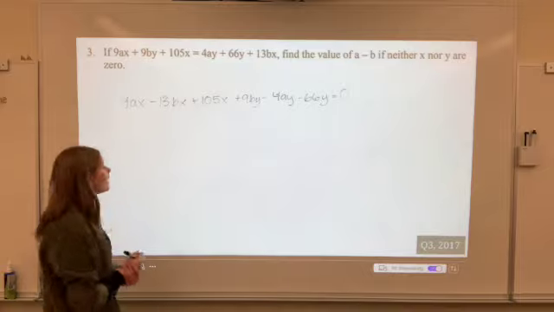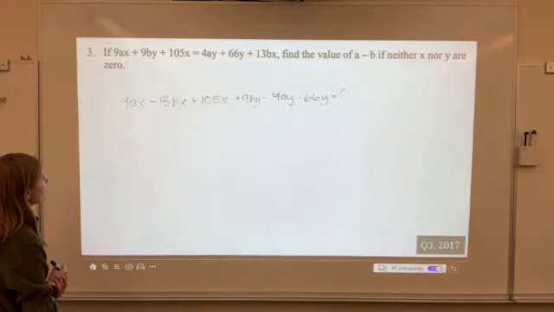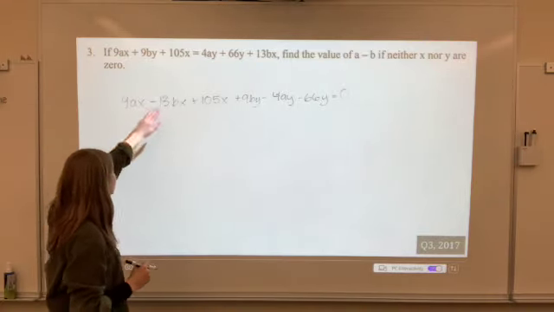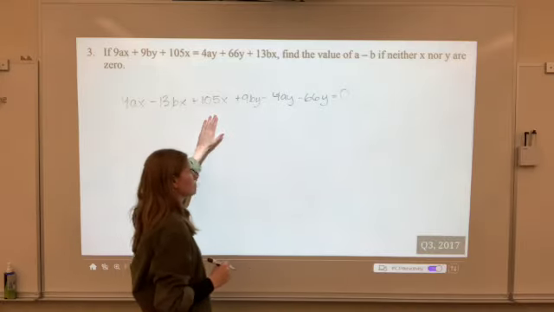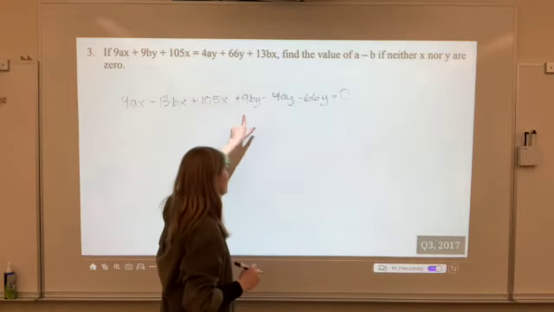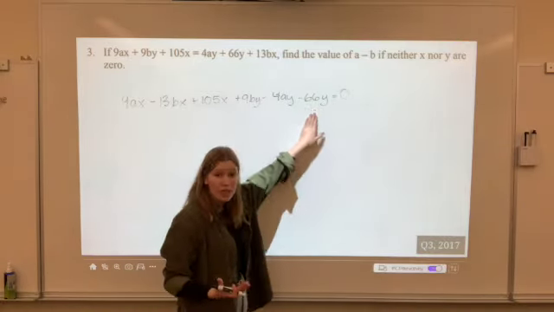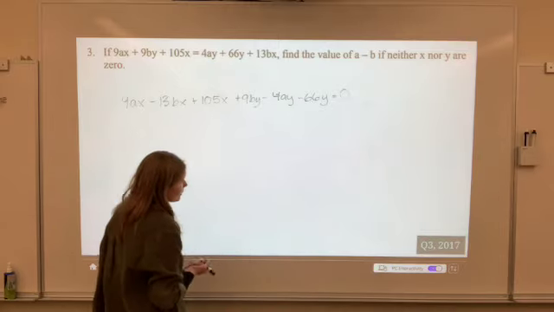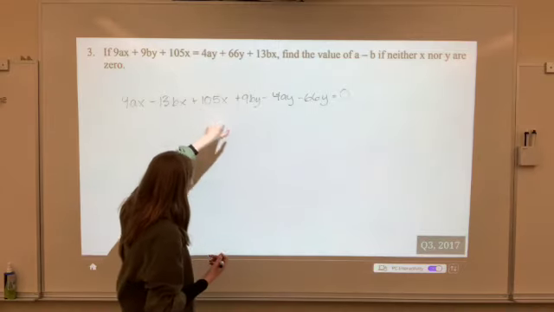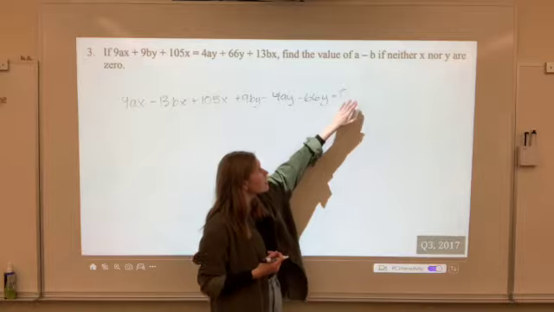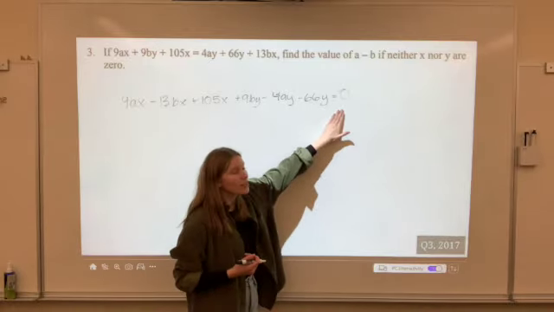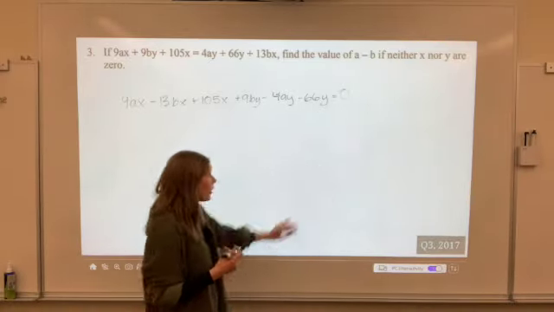So, looking at that, we can say, okay, there's an ax term and a bx term and just an x term. Same with over here, ay term, by term, just y term. So what I'm going to do is bring the 105x and the 66y back to this side with the 0.